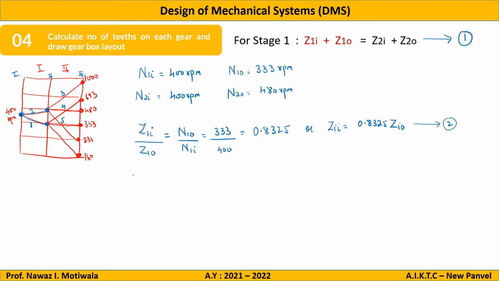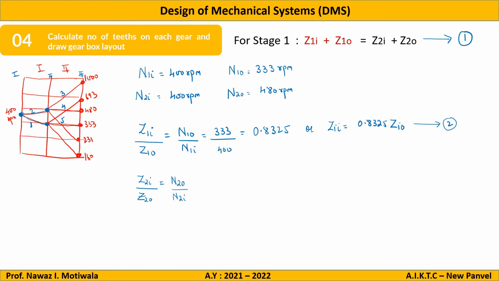Now similarly, as we wrote for the first set, we can also write for the second set. So what I can write is again Z2I upon Z2O, that is input number of teeth and output number of teeth at stage 2, is equal to N2 output upon N2 input.